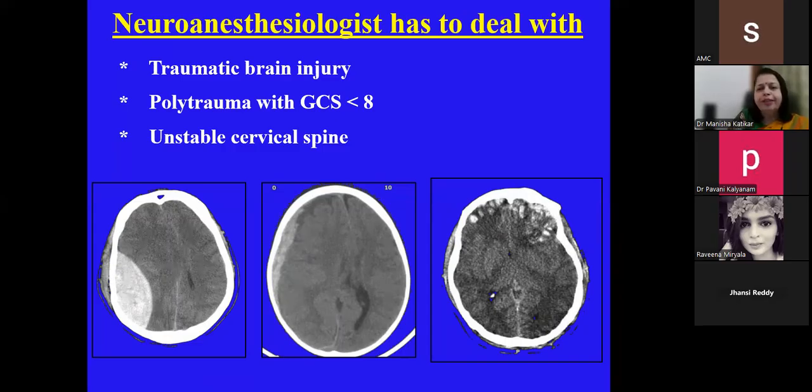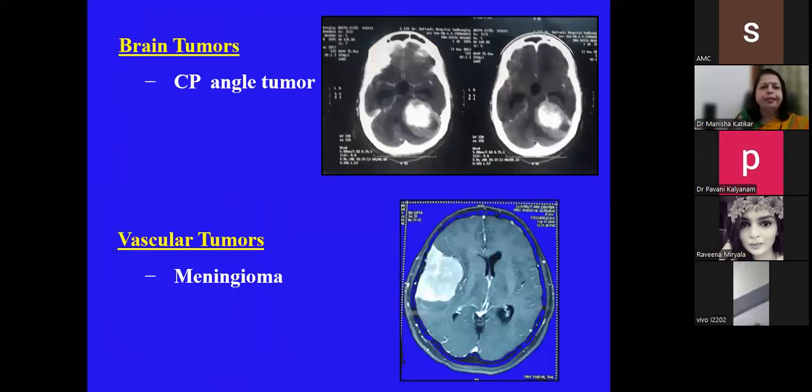Neuroanesthesia is very vast. It is very difficult to cover all the important topics in one lecture, but today we will discuss the challenges that we face in the commonest neuroanesthesia cases that we do in our day-to-day practice. Another group of cases we commonly do are various brain tumors.